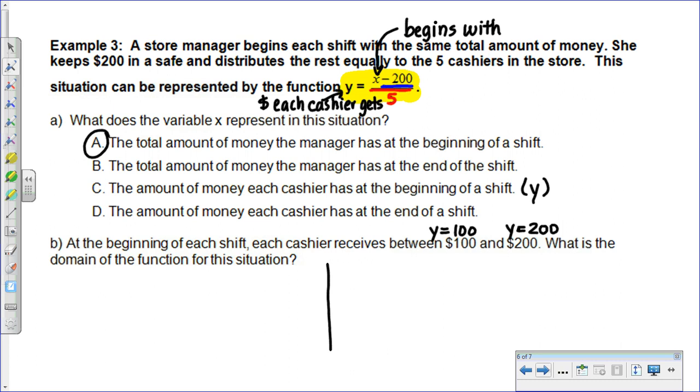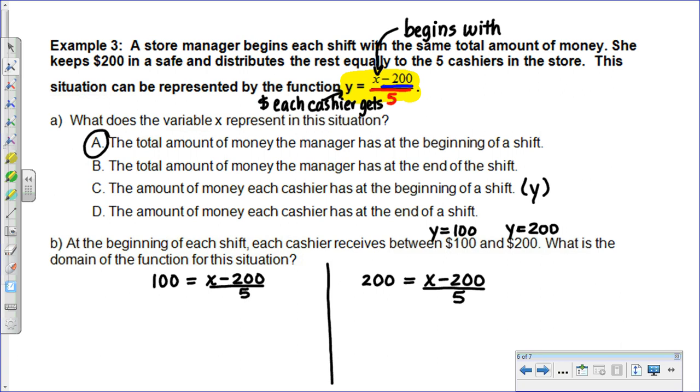So let's take our equation and replace Y with 100 and with 200, and let's see what the domain would be for this situation. In other words, how much money does the manager have at the beginning of the shift if she gives each cashier between 100 and 200?